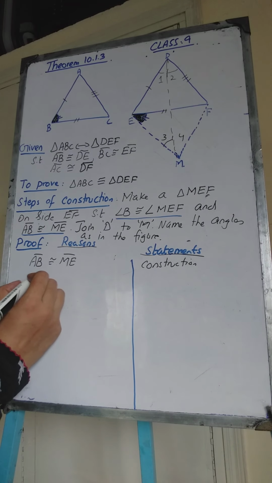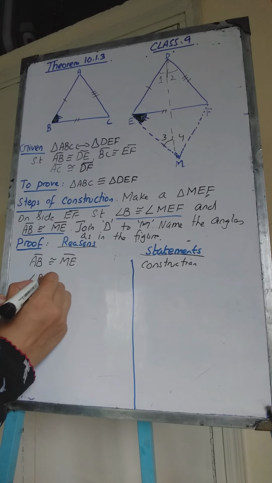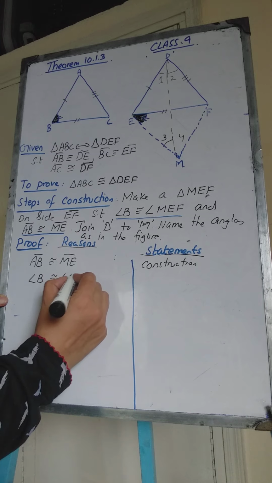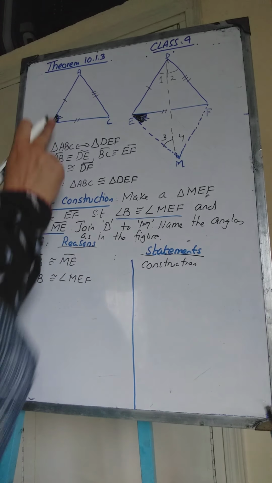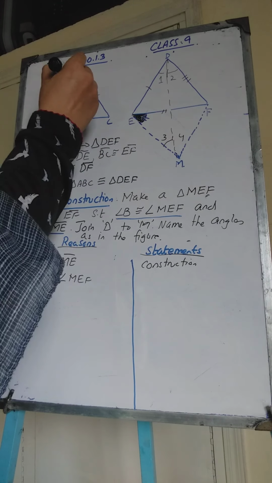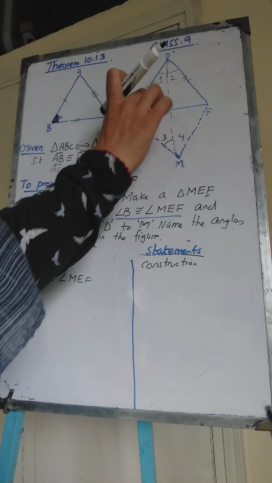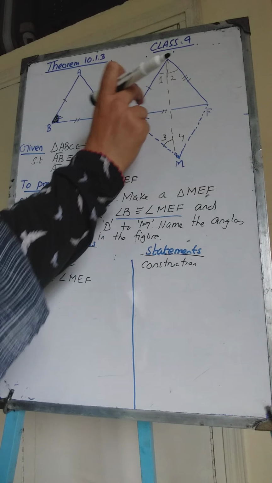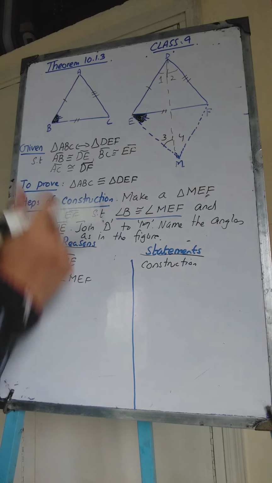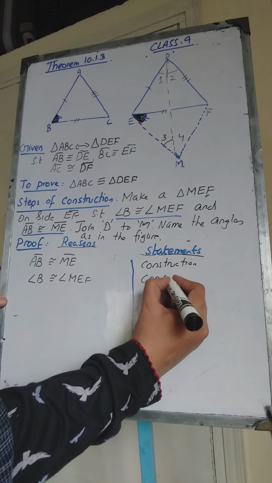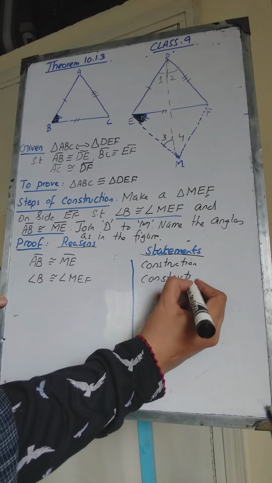Then angle B is congruent to angle MEF. Okay, this angle is congruent to this. So I am taking this side, AB is congruent to ME. These two sides will be equal to these two sides, and the angle in between them is also equal. Now angle B will be congruent to angle MEF. This is also because of the construction that we did.